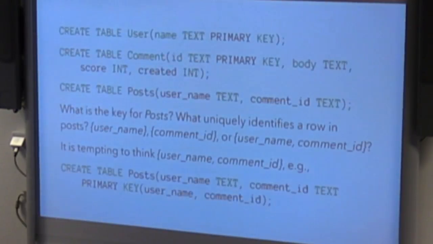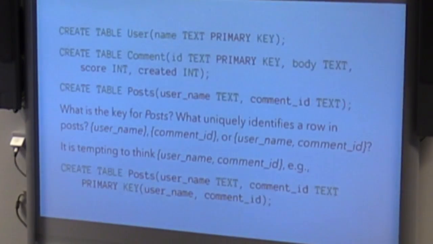If you are creating a few tables here, user, comment, and posts, have a look at that last table, posts. As it is right now, there are no primary keys at all, so you can add any combination of rows here. There will be no checking for uniqueness whatsoever.